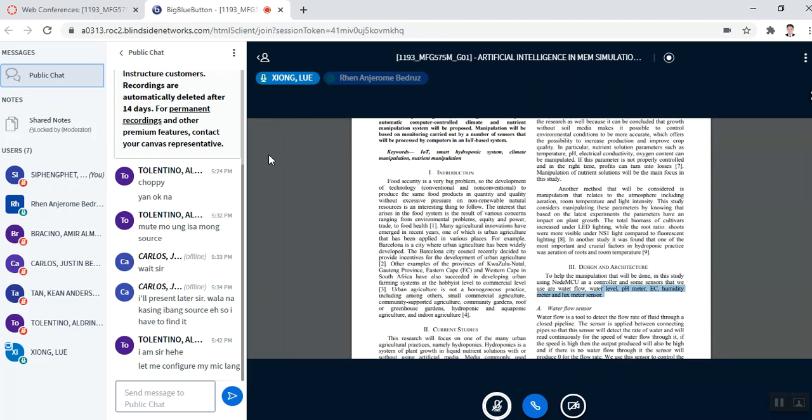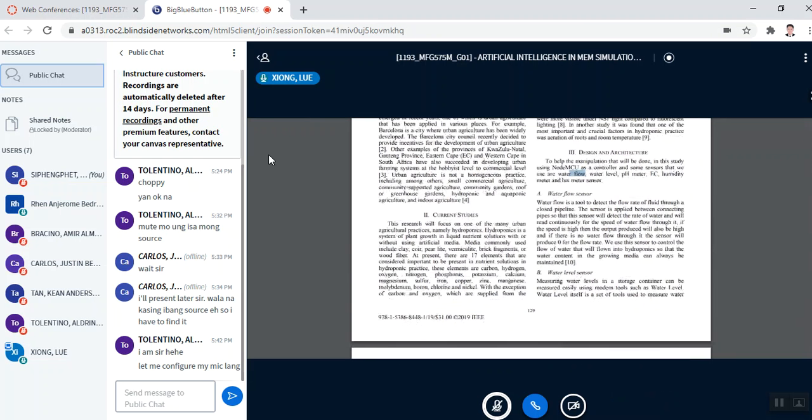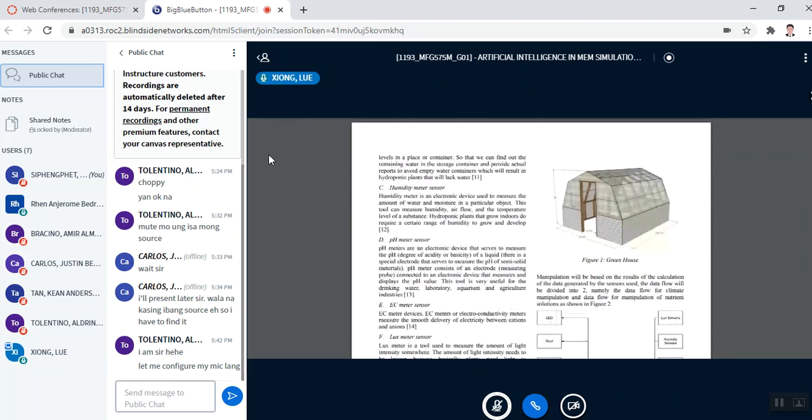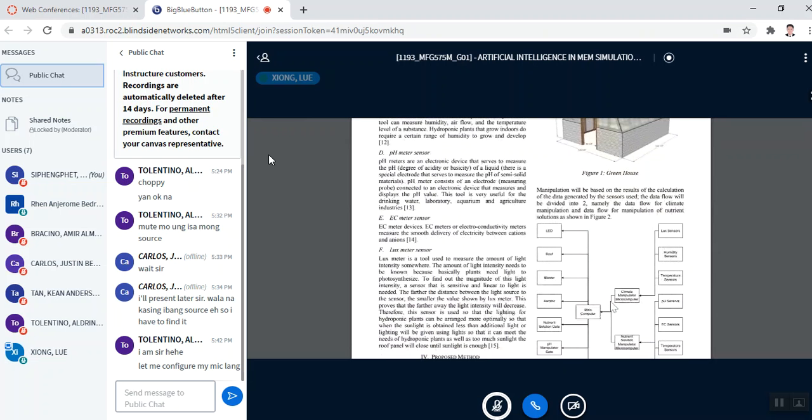So we can control the water flow, water level, pH of water, electric conductivity, humidity, soil moisture sensor, and so on. So we come to the idea of the farm.